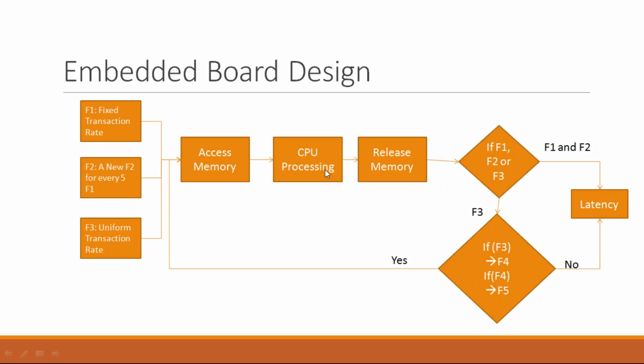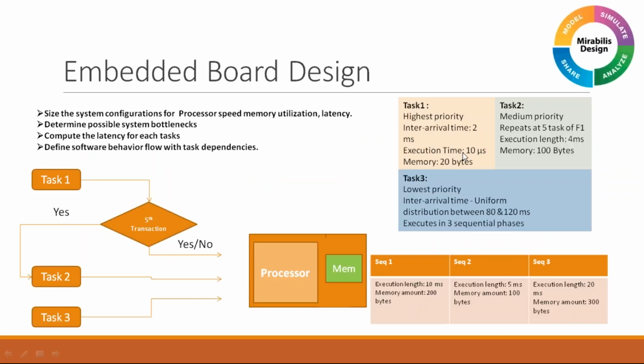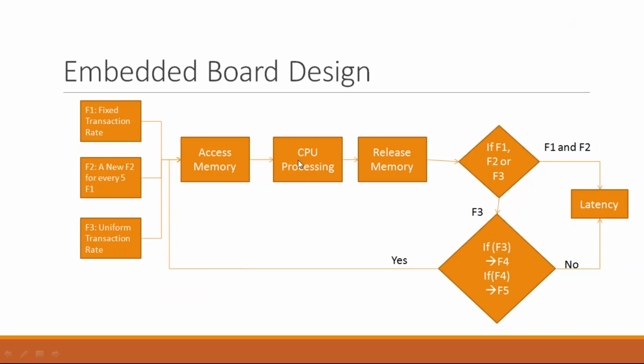Once your processing is over, you release that memory. In this scenario, we're going to consider about 1 kilobyte of memory for all the tasks, and whatever the definitions we have here, 100 bytes or 200 bytes, will be taken from that 1 kilobyte of memory itself.